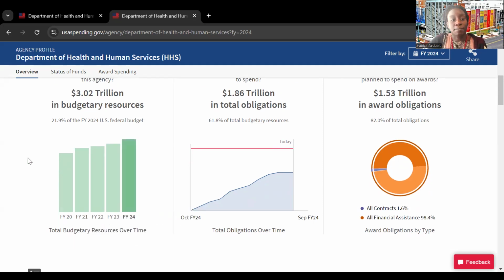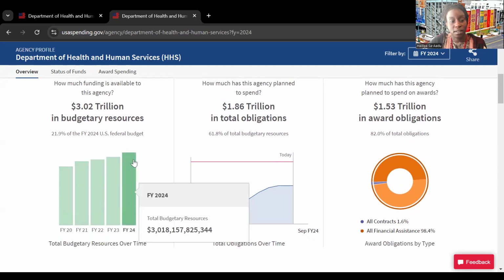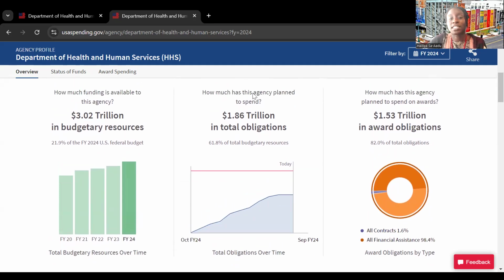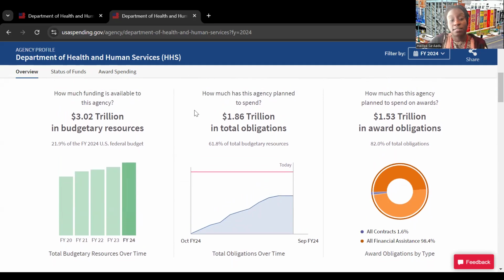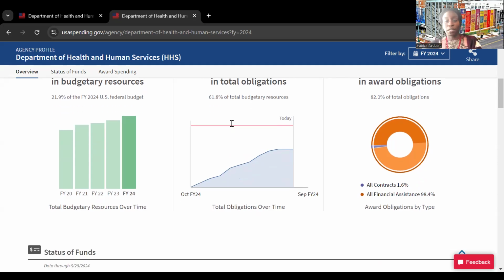But we're looking at the past 5 years here from 2020 to present and how that has changed. How much has this agency planned to spend? Okay, so it has planned as of projected to September, it's planning to spend 1.86 trillion of its total obligations, and that would be 61.8% of its resources. So it's got money left on the table.